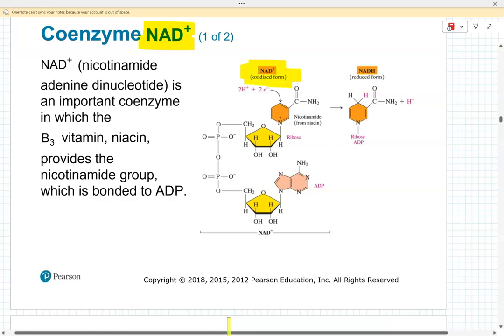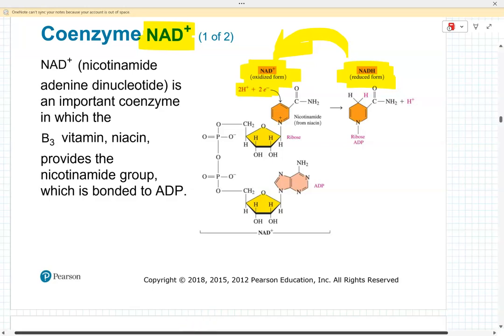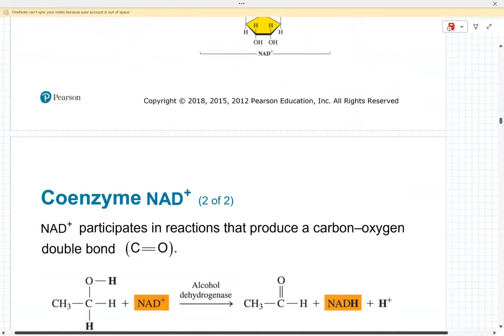When it gains electrons or hydrogens, it becomes NADH, and when it gains electrons, it is reduced. Do you follow? That's a definition. So NADH is a reduced form. When NADH loses electrons and hydrogens, it goes back to NAD+. It becomes the oxidized form because the loss of electrons and hydrogens is oxidation. Okay?